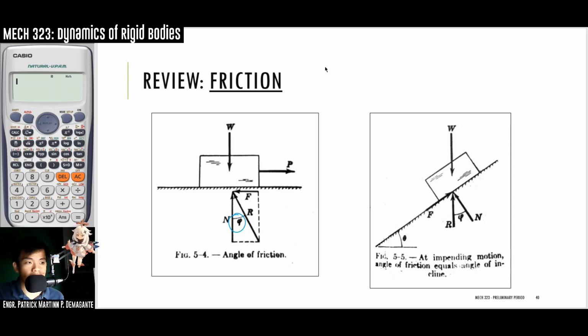So, tangent theta is equal to the frictional force over N. Then, rearranging, F is equal to tan theta times N. Looks familiar?